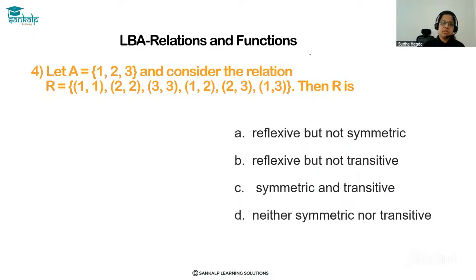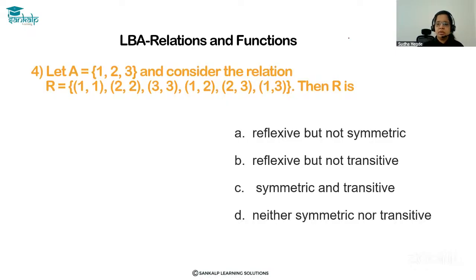Hi students. Now let us take this question. A = {1, 2, 3} and consider the relation R = {(1, 1), (2, 2), (3, 3), (1, 2), (2, 3), (1, 3)}.